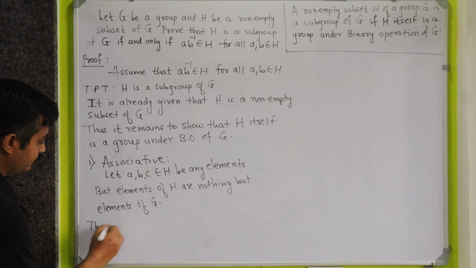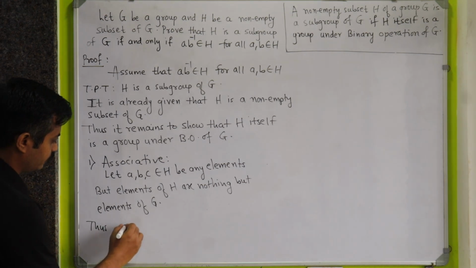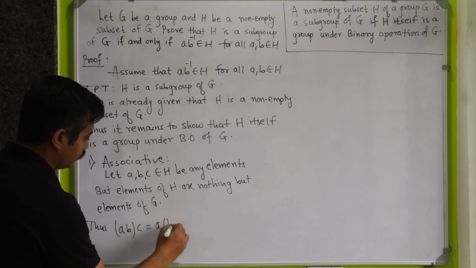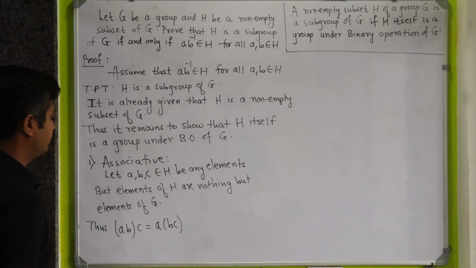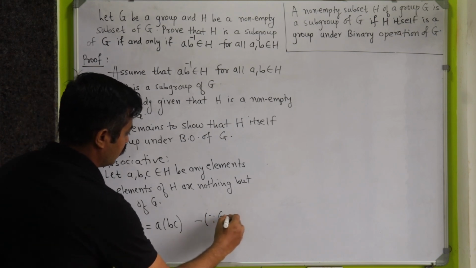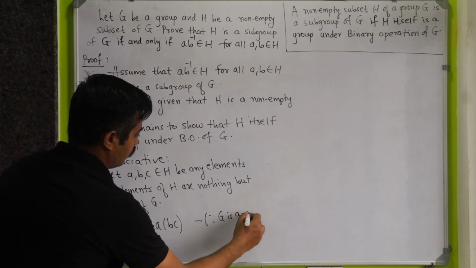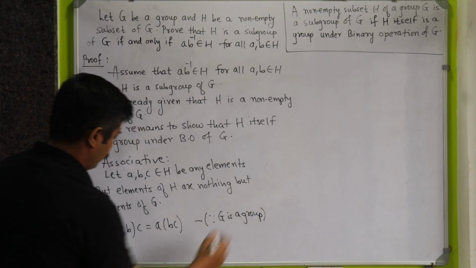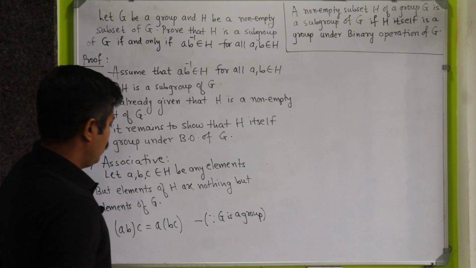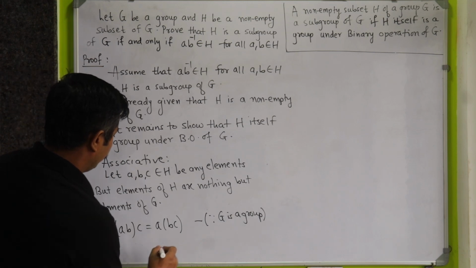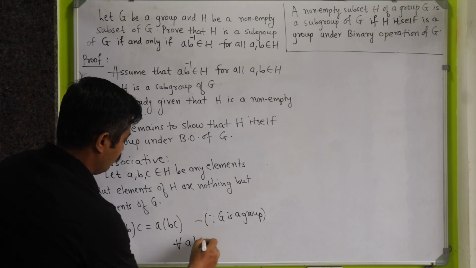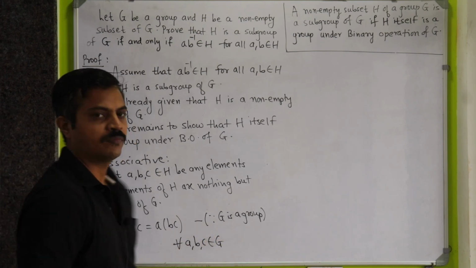Thus, since we mentioned G is a group, for all A, B, C belongs to G.